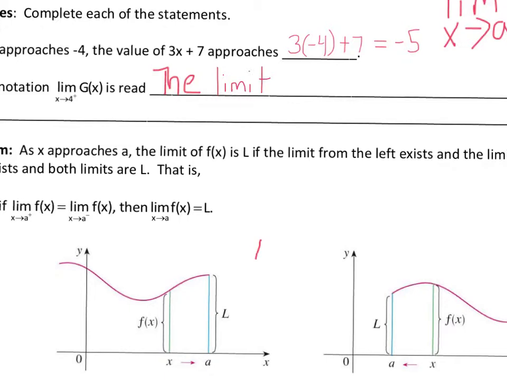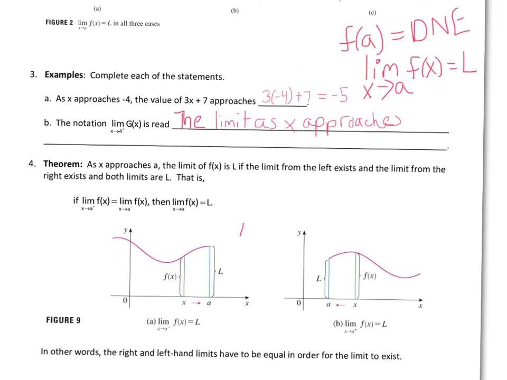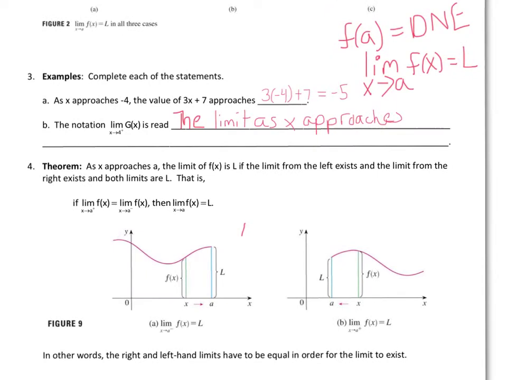And then the arrow is as x approaches four, and then the plus sign means from the right.